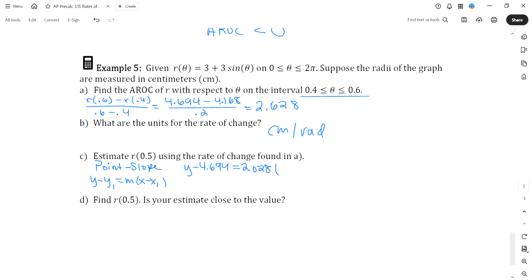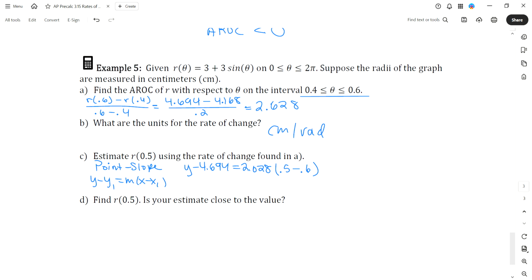Now I'm trying to find the value at 0.5. 0.5 minus 0.6. Okay, because I'm plugging in that 0.5.